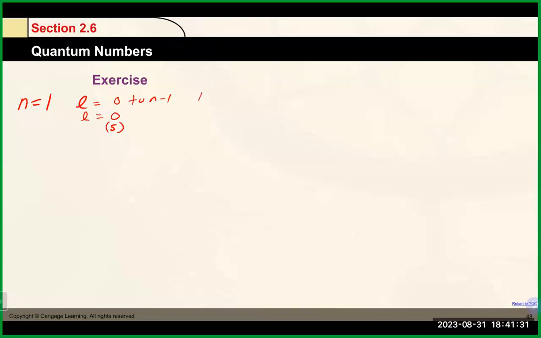We could have an m sub L that goes from minus L to 0 to positive L. So clearly in this case, if L is 0, the only m sub L value we could have is 0. That tells me that on the first energy level, there is only an s orbital.